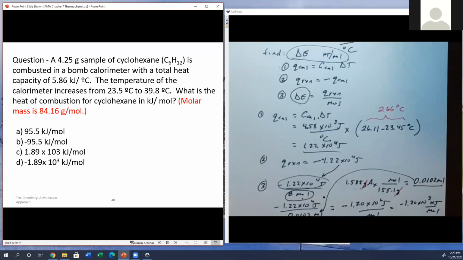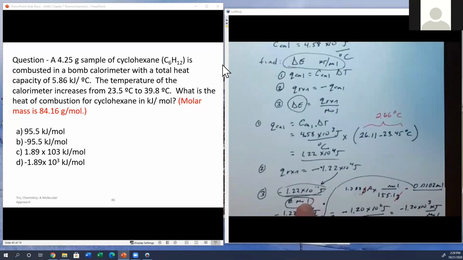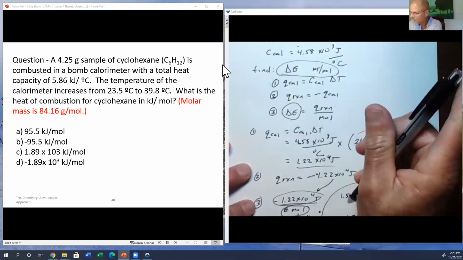Wait, quick question. On number 3, where it says change in H equals Q reaction over, is that moles? Yeah. Okay.